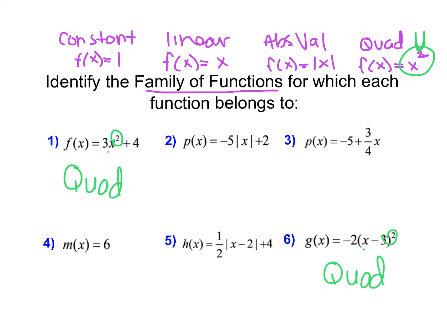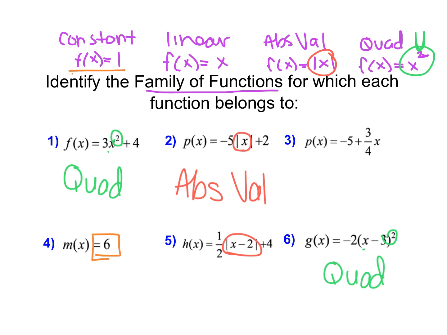Then from here, the second thing I notice is that two of these problems have the absolute value symbol with an x on the inside. The only types of functions that have absolute values around x are the absolute value function. We can see that here. So because these contain an absolute value with an x on the inside, we can assume these are absolute value functions. Now, when I look at problem number 4, what I notice is that this one has no x and just has a number.